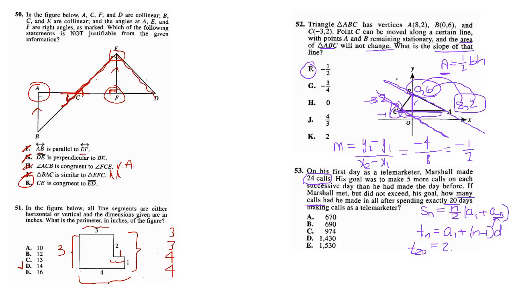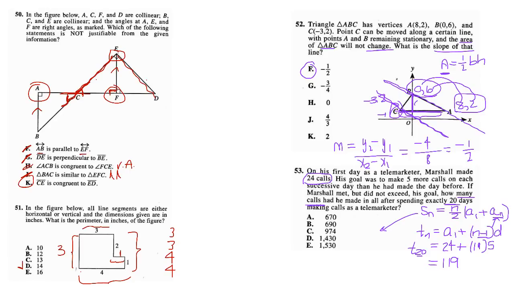Well, it's going to be 24 plus 19. That's n minus 1, or 19, times, well, how is it changing each day? It's changing by 5. If we type all that in our calculators, we're going to get 119. So now we need to see, well, how many total did we really have?